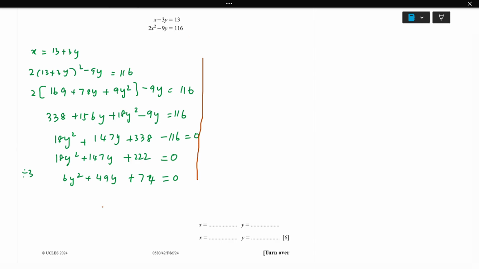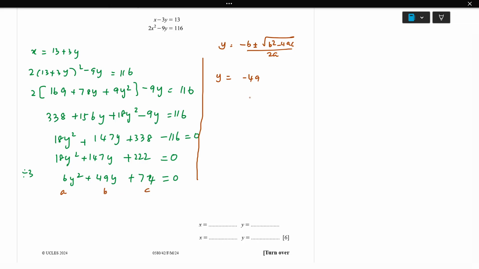Now I got a quadratic equation. Now I need to solve the quadratic. So I'm using the quadratic formula: y equal to minus b plus or minus square root of b square minus 4ac, over 2a. In 2025, the formula sheet will be given. So y equal to minus 49, because this is a, this is b, this is c.